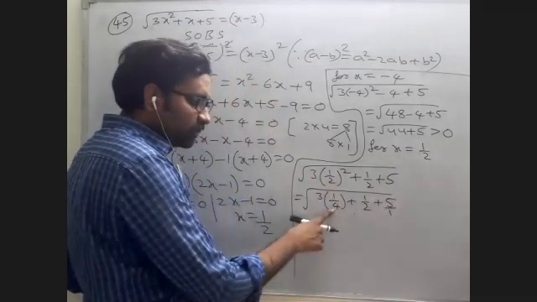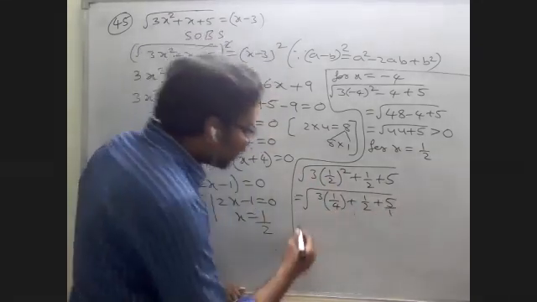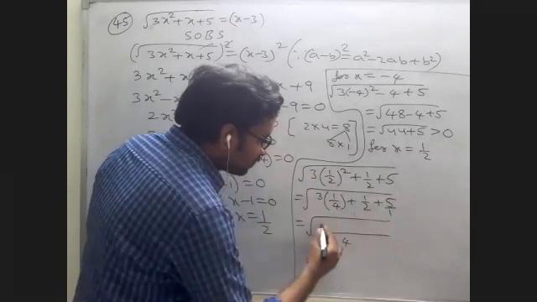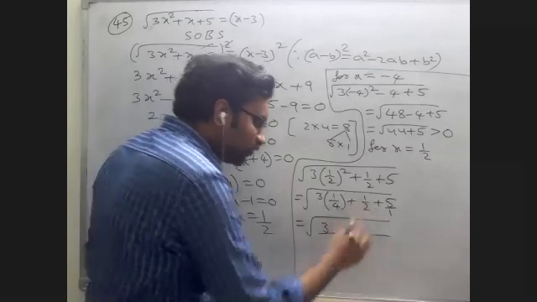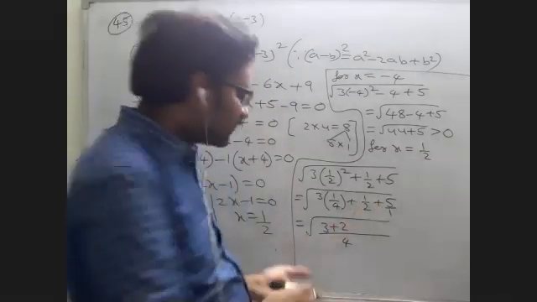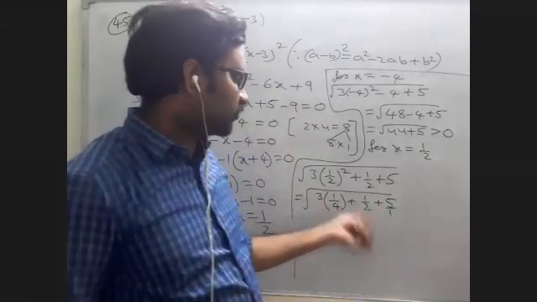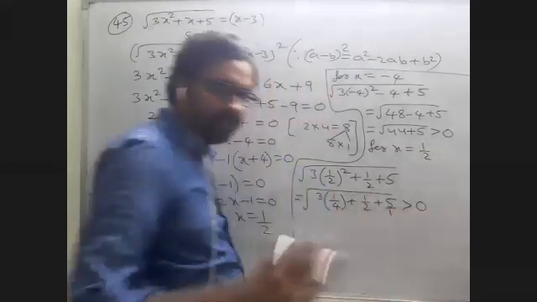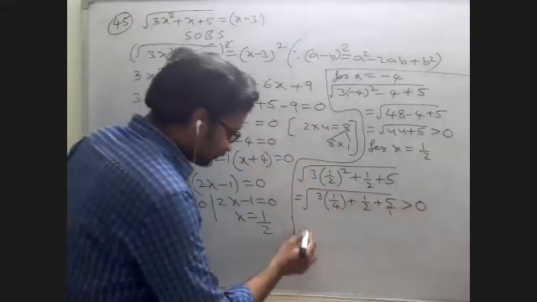The denominators are 4, 2 and 1, so the LCM is 4. With LCM 4, we get 3 into 1 is 3, 2 into 1 is 2, and 5 into 4. There is no need to do this total, because this is clearly greater than 0: positive, positive, positive. For both values we got greater than 0.